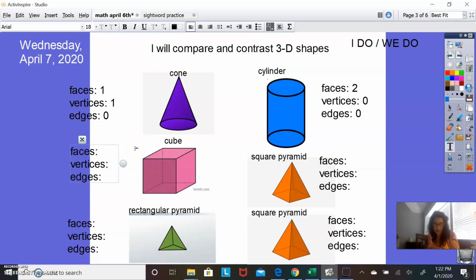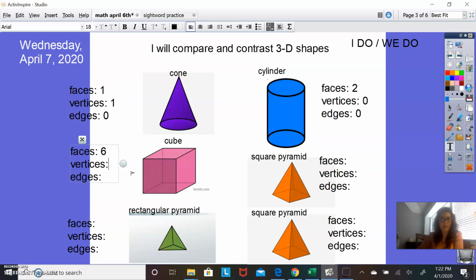All right, so when we're talking about the cube, we talk about the faces, and that's the flat surfaces on a cube. I have my die right here. So we know that a die has 6 sides, so we know by that there are 6 flat surfaces on a cube. So we'll mark that there.